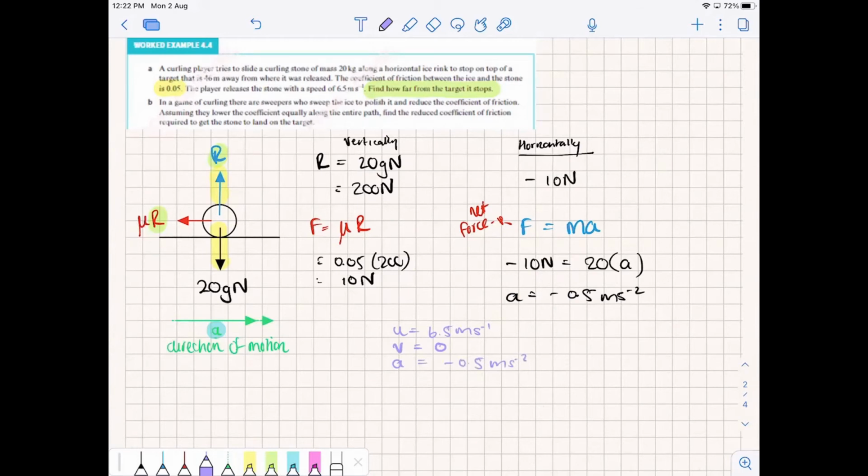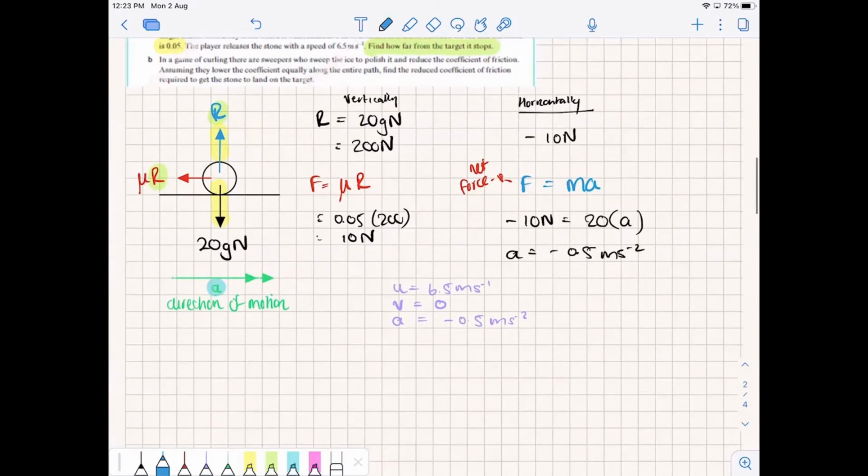So Kiana, which formula will we use if we want to solve for displacement in one go? Well, we'll use that formula because we want to solve for displacement.